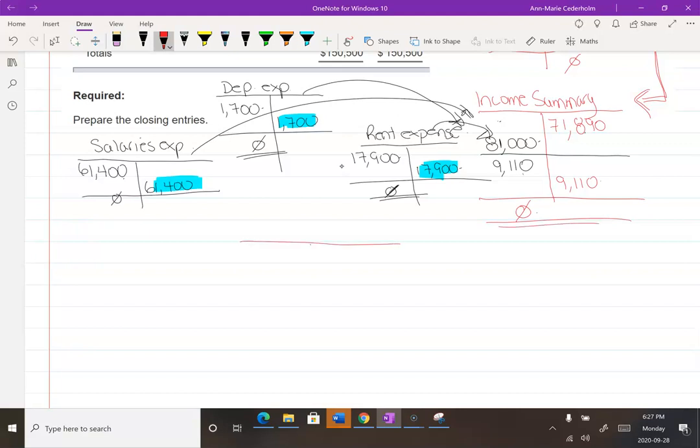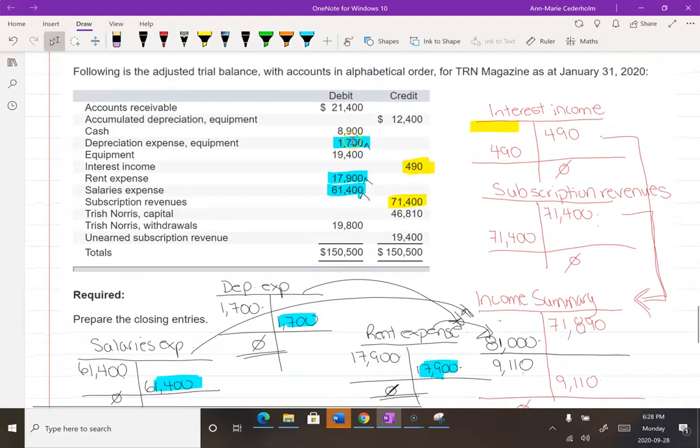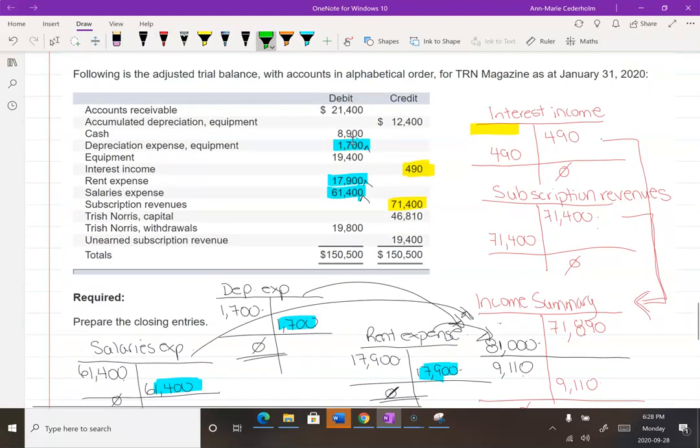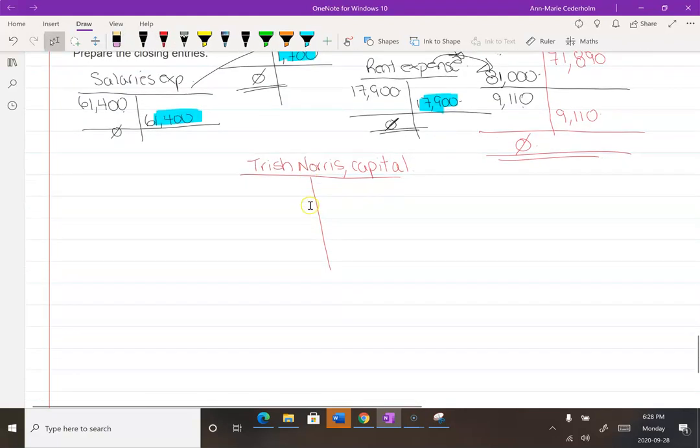And now if I open up my capital account, so Trish Norris, I'm just going to take the original balance in here. So I already have $46,810 accumulated, so I'll put that in here. I just transferred the loss from income summary, so I'll put that in here. So that one went right there.